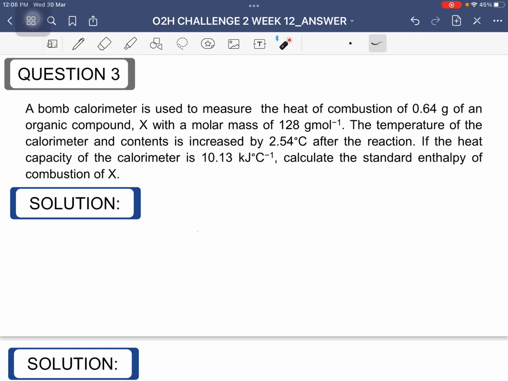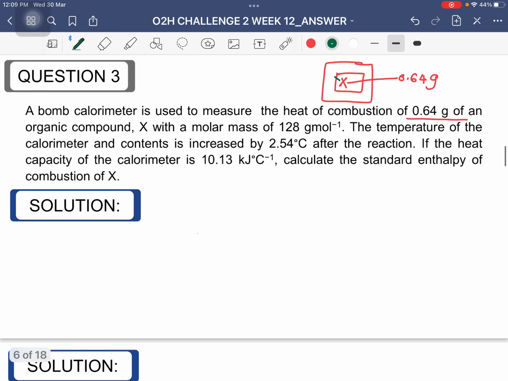So dekat sini cuba kita bayangkan 0.64 gram ni duduk dalam calorimeter, compound X. So dia sebanyak 0.64 gram. So bila dia terbakar, dia akan release heat. Heat released by the combustion is absorbed by the calorimeter.